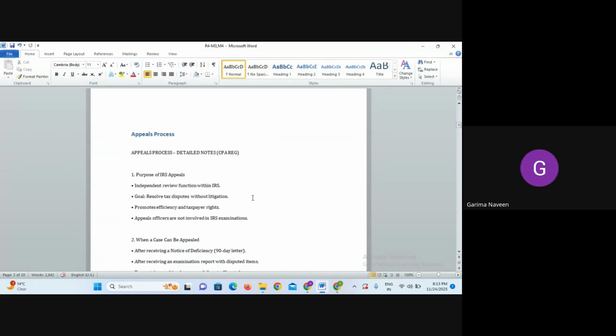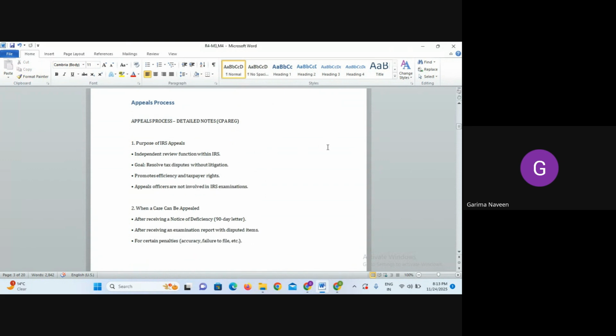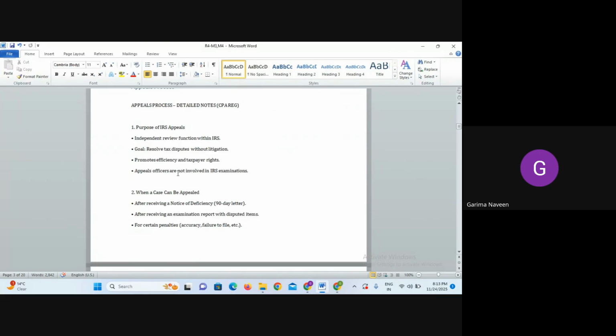Okay, so next is the appeal process. So how is this whole process carried out? First is the purpose of IRS appeal. IRS appeals means if the IRS comes to you and asks you for certain adjustment, and you file for IRS appeal, then what is their purpose and how is it done?